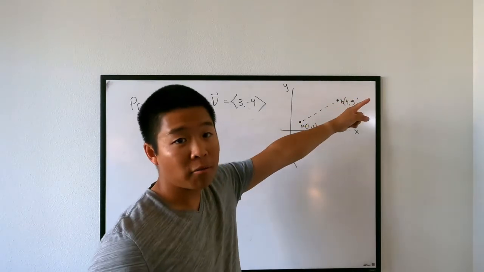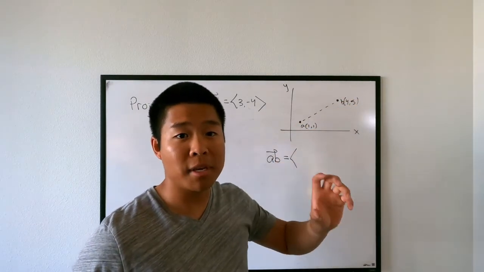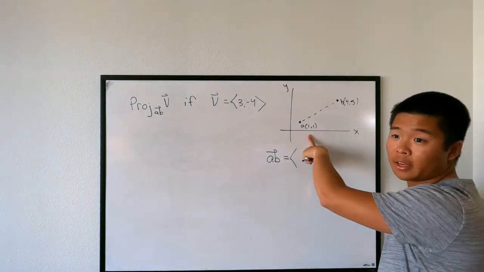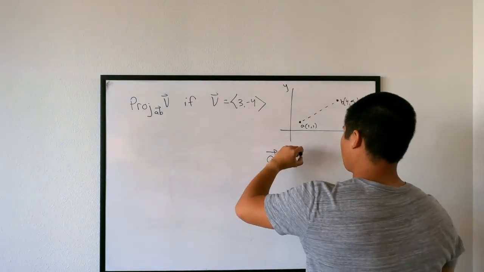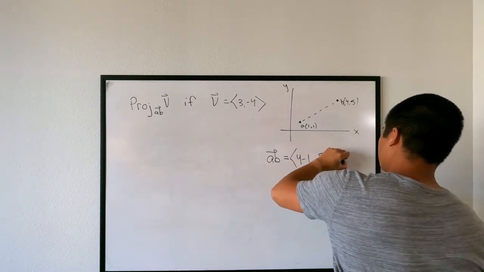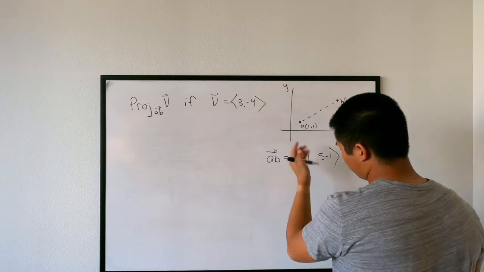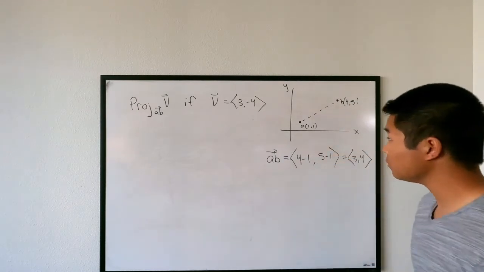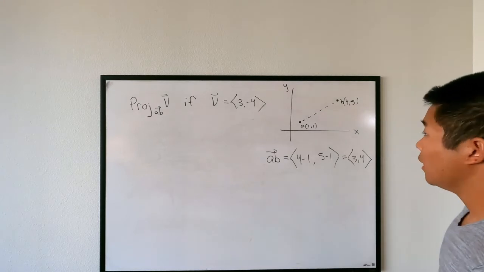Like this. So therefore, I'm going to take the coordinates of B and then minus the coordinates of A from it, right? So it's going to be 4 minus 1, comma 5 minus 1, which will give us a vector of (3, 4). Okay, great.